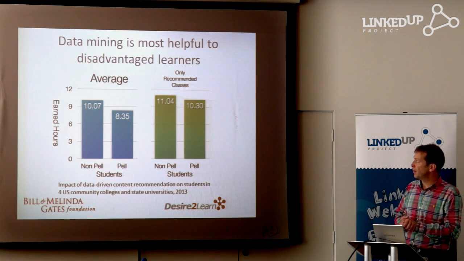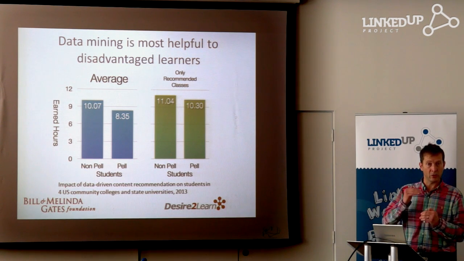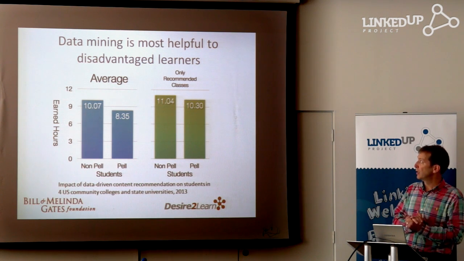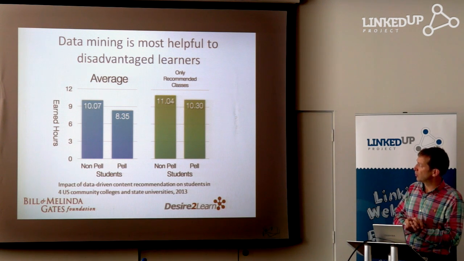So the gap in terms of earned hours, which are credit scores that you get as you progress through the university, between the Pell and the non-Pell students, on average in these colleges was about an hour and a half per semester. So the disadvantaged students were falling behind. It works out at just under 20% of their attainment being 20% behind.